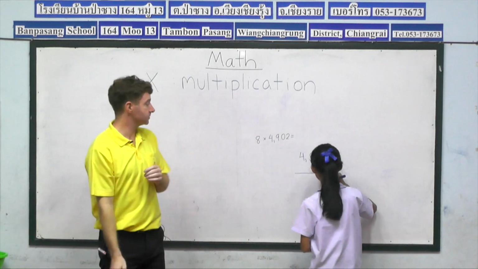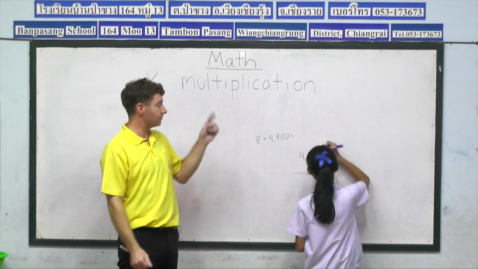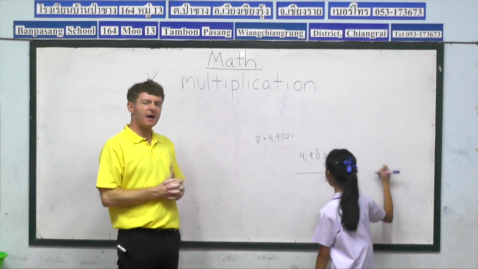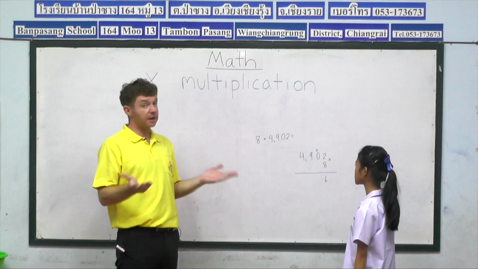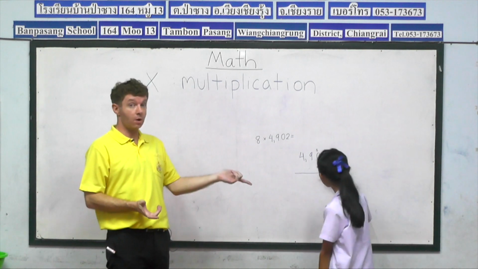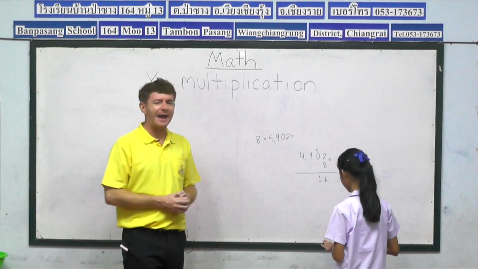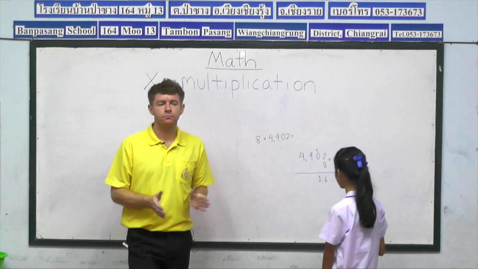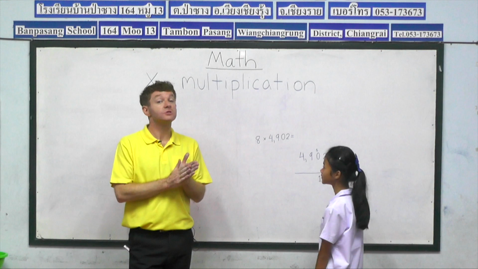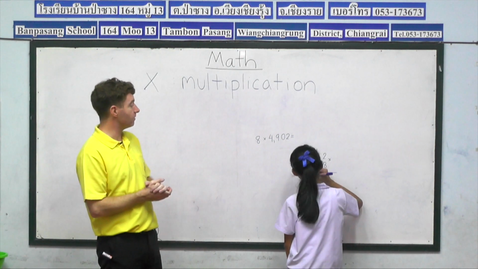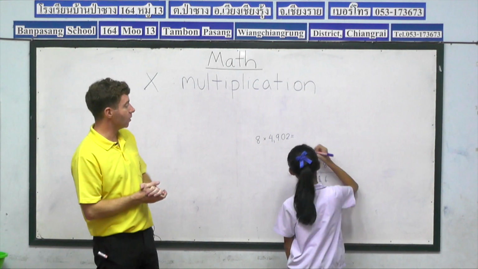Well done, Nadia. So drop the 6, carry the 1. 8 times 0 equals 0, plus the 1 equals 1. Well done, Down. Now, 8 times 9. 72, well done. So we write the 2 and we carry over the 7.